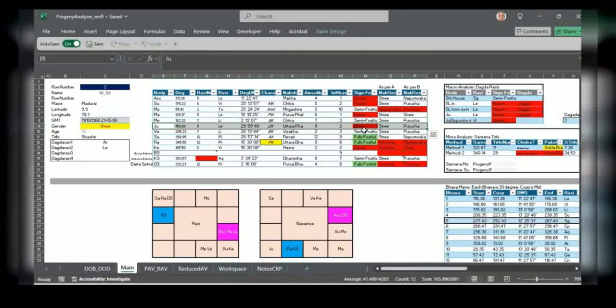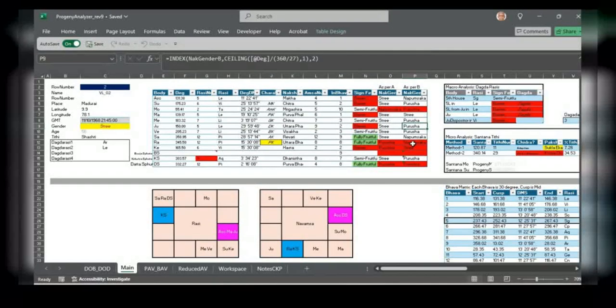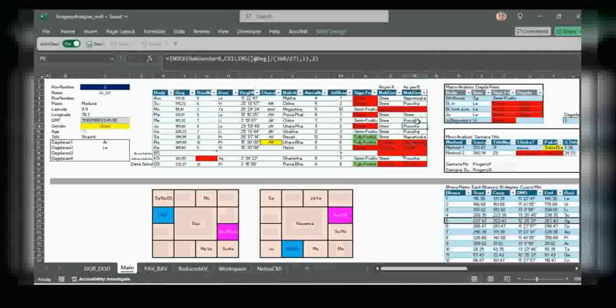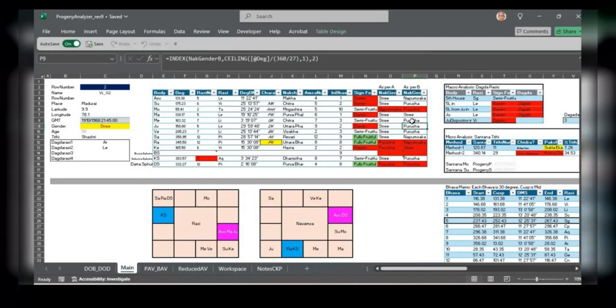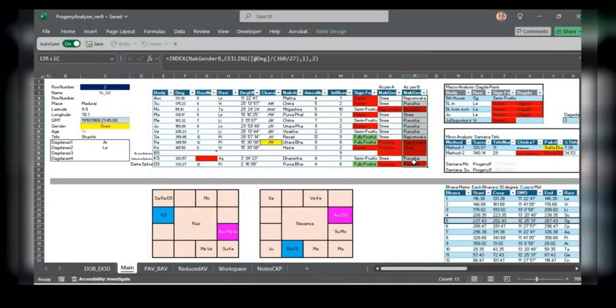In this case, Guru himself is in a barren sign. Of course, it is in a Stri nakshatra, welcome for the lady. But as per the nakshatra B classification, it's a Purusha nakshatra. In fact, it should be marked red here. I will correct that. All the Purusha nakshatras, I think I have not done that properly. I think the formula needs correction. I'll correct it and send it to you.